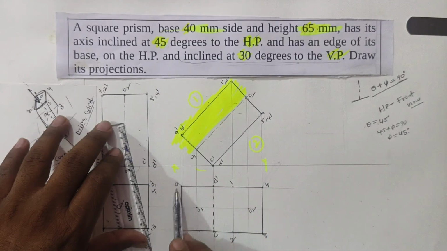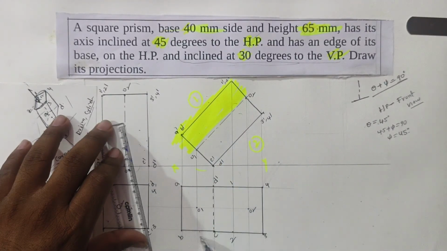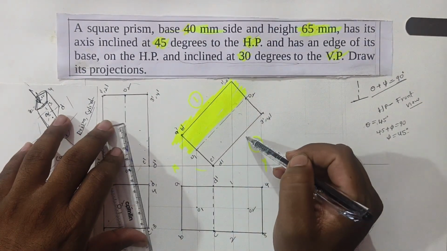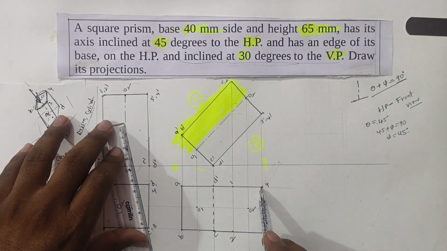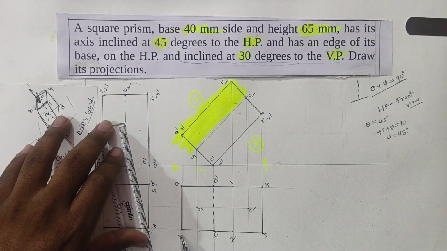So boundary line is not related to the portion 1 and portion 2. If it comes under the boundary line, whether the edges come under section 1 or section 2, it is continuously dark. The boundary line has a separate rule. Other than this, when you are checking, then you have to check. So let's see. Now A to B is completed, B to C, C to D, D to E is over.